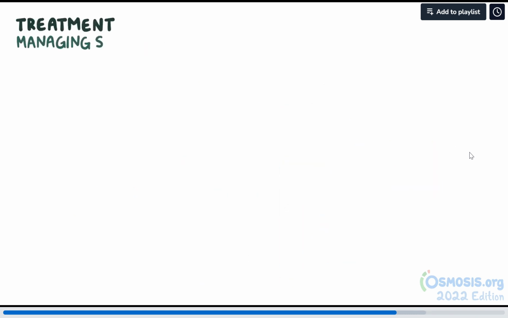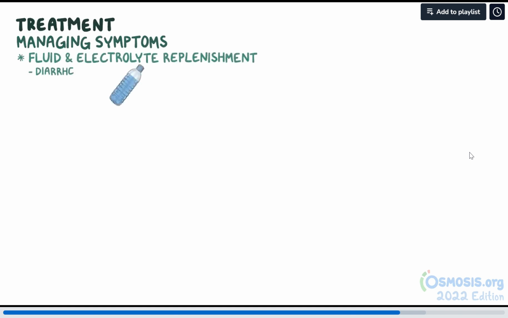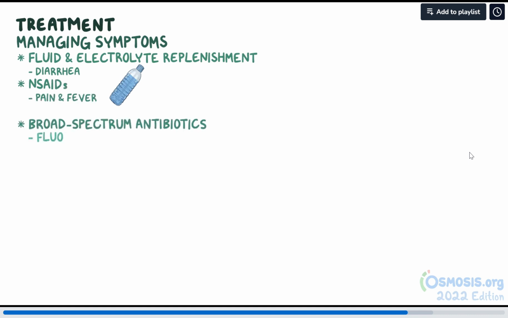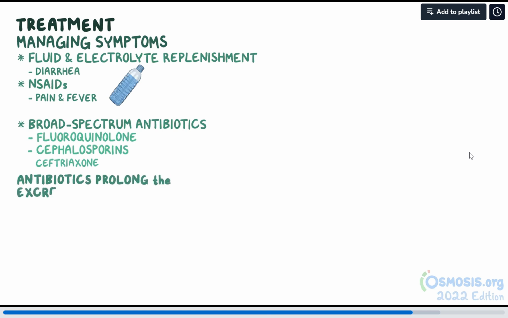Treatment involves managing symptoms, particularly fluid and electrolyte replenishment for diarrhea, and non-steroidal anti-inflammatory drugs for pain and fever. Commonly, broad-spectrum antibiotics are used, like fluoroquinolones or cephalosporins, like ceftriaxone, even though antibiotics can prolong the excretion of bacteria in feces.